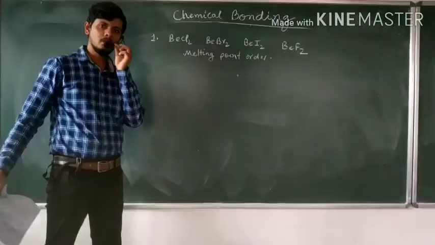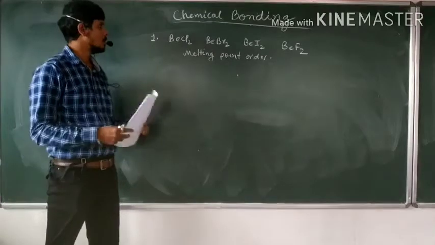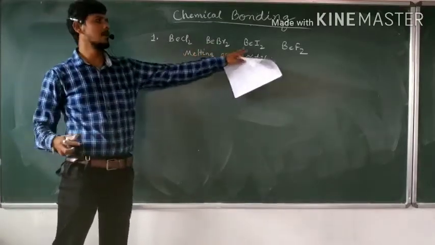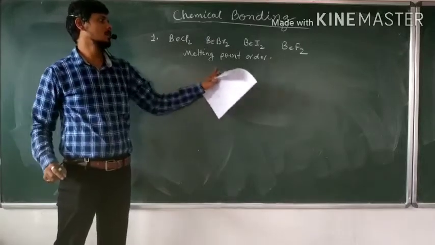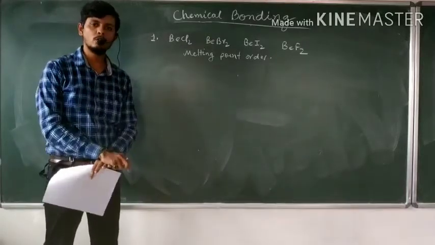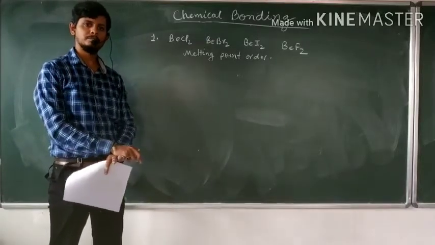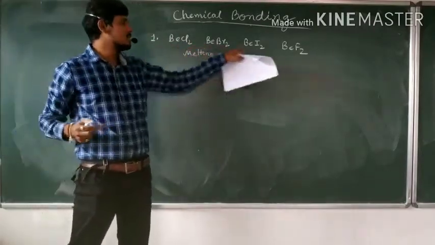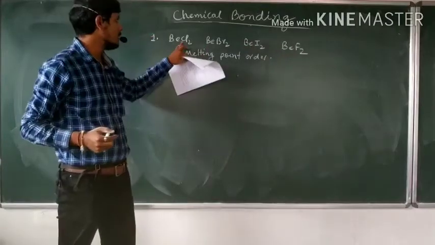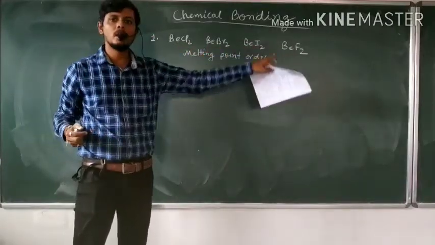We have four compounds: beryllium chloride, beryllium bromide, beryllium iodide, and beryllium fluoride. You have to arrange them in order of melting points. The beryllium cation is the same in all of these. The difference is made by the anions.